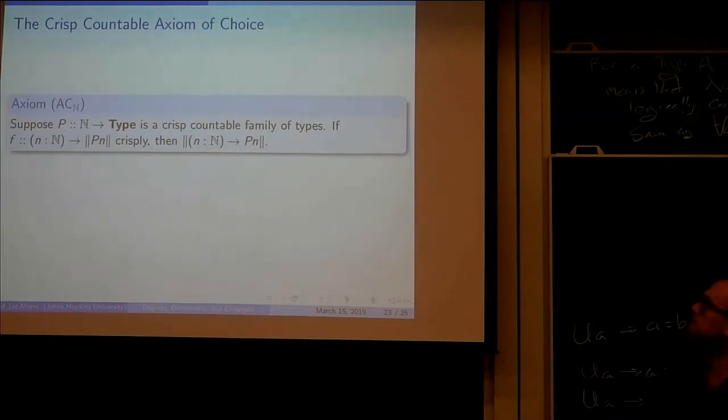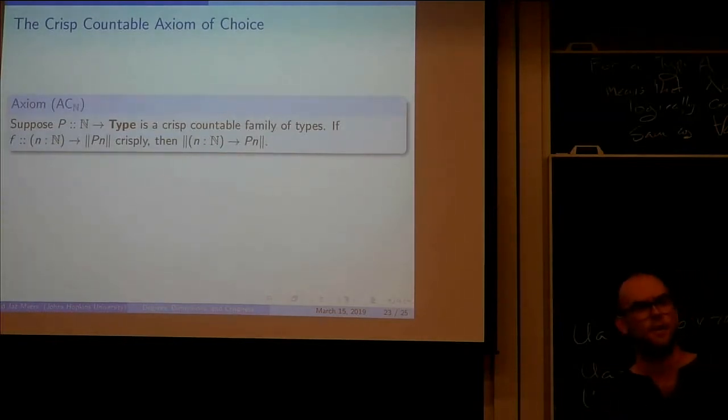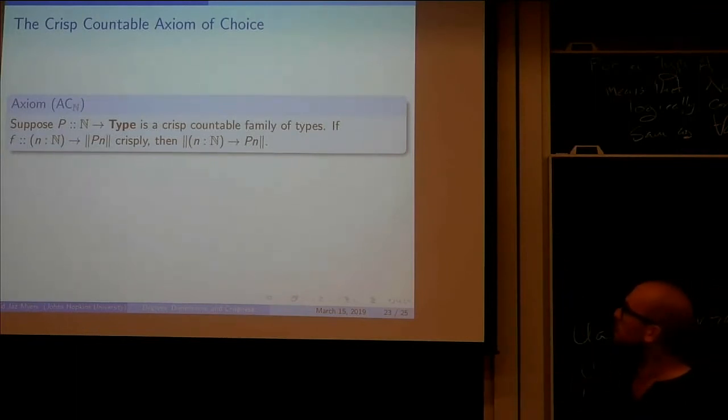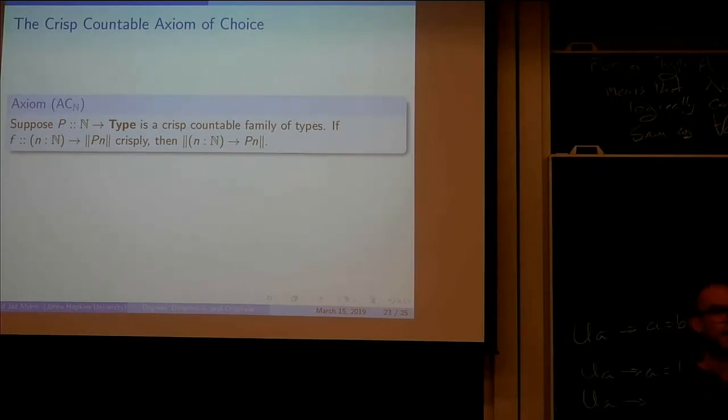And finally, I'll mention that if we add a slightly stronger, less classical axiom, which does not follow immediately from the law of excluded middle, and does not hold in, for example, the topological topos, which is the countable axiom, the crisp countable axiom of choice, which says that if we have a crisp family of types varying over the natural numbers, and we merely have something in them for all n crisply, then we merely have an actual choice family of this actual sequence.